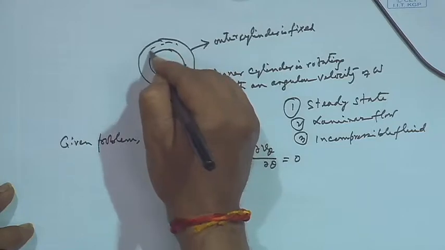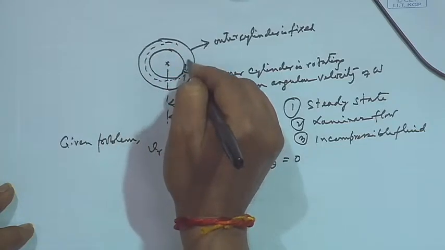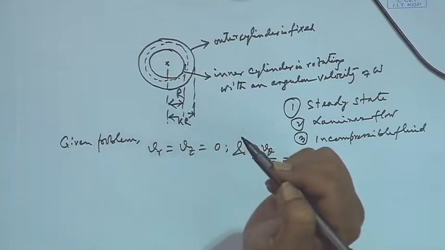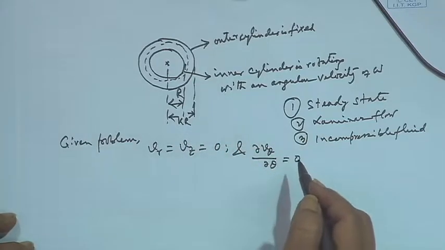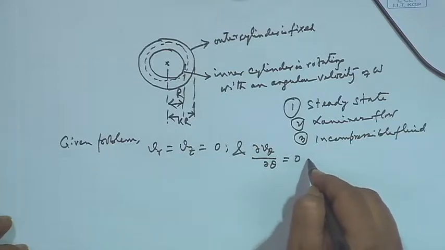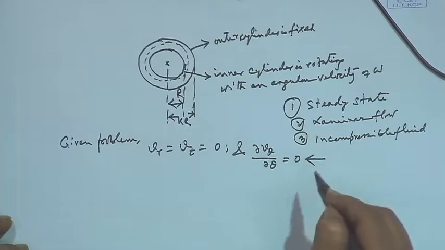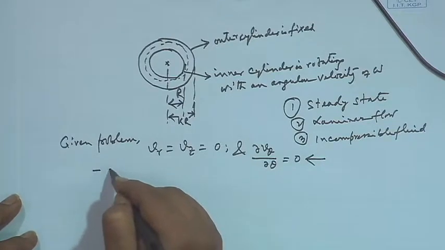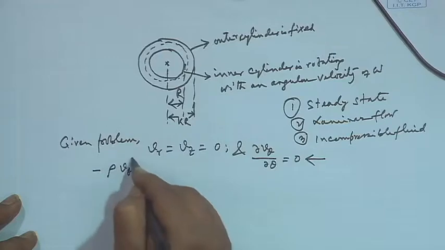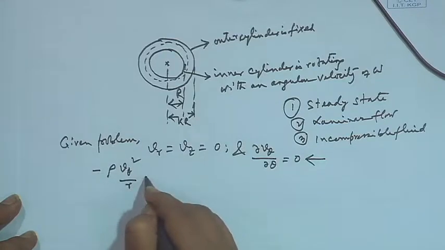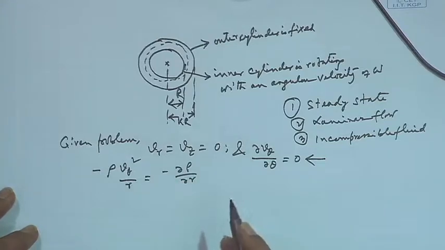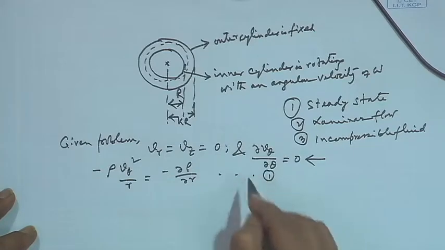That means this is not changing with theta. So, if that be true, then from the Navier Stokes equation we can write rho V theta square by r equals minus del p by del r. This was our first equation.